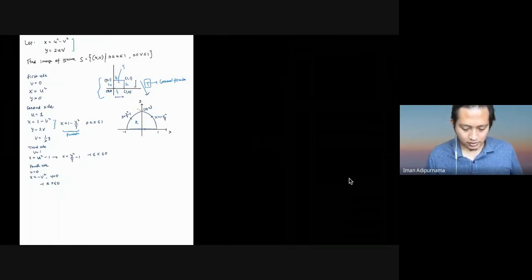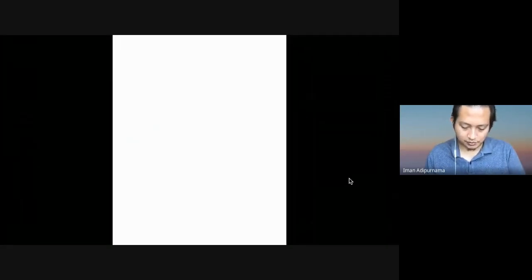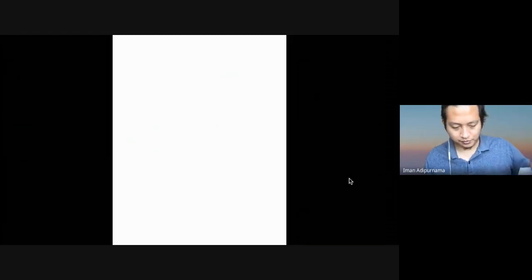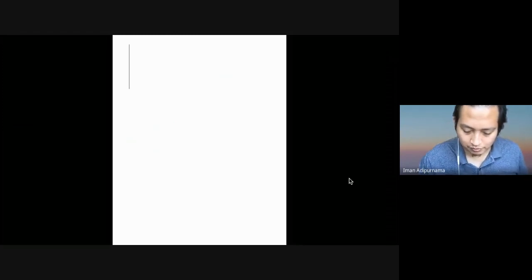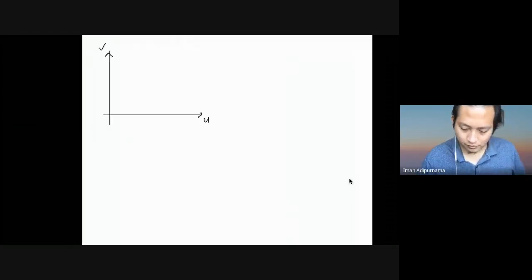It takes some time to see and to prove the formula. But what can I say here, I hope we have time. If this is the uv, this is the square.